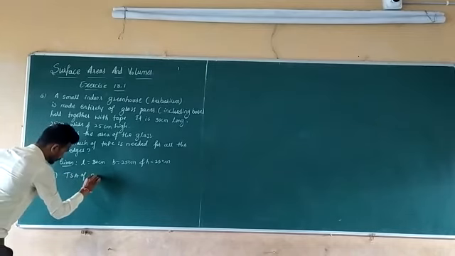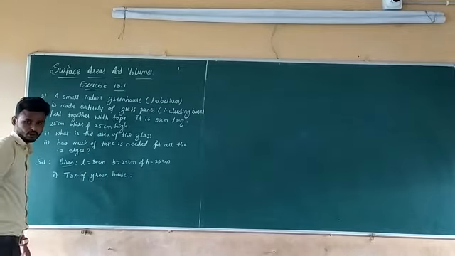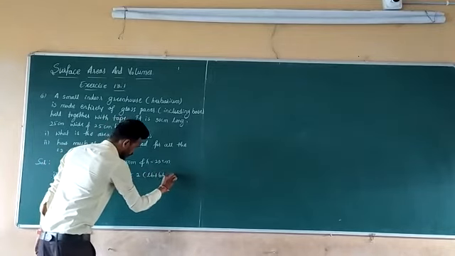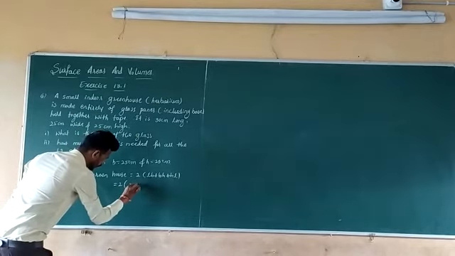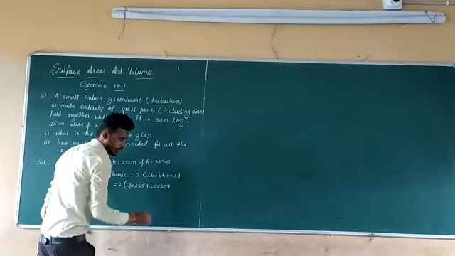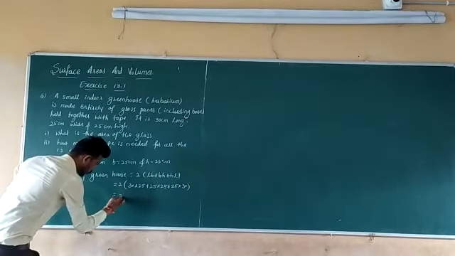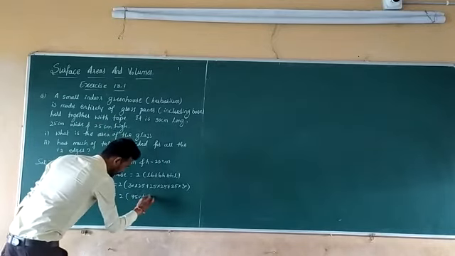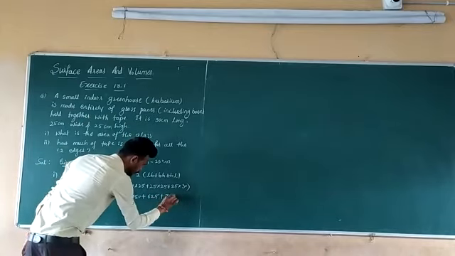TSA of greenhouse is equal to, what is the formula? 2 into bracket LB plus BH plus HL. Okay, 2 into bracket L 30 into 25, plus 25 into 25, plus H 25 into L 30. So 2 into 30 into 25, 750, plus 25 into 25, 625, plus 25 into 30, 750.